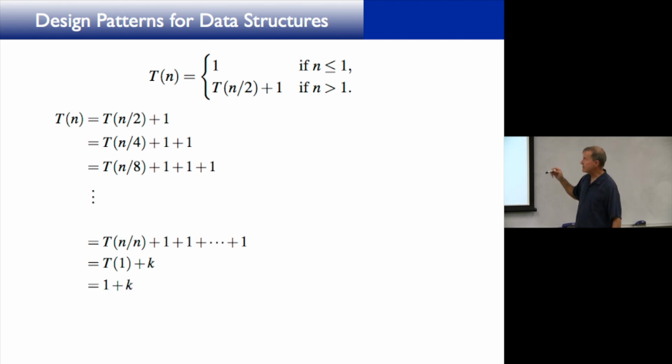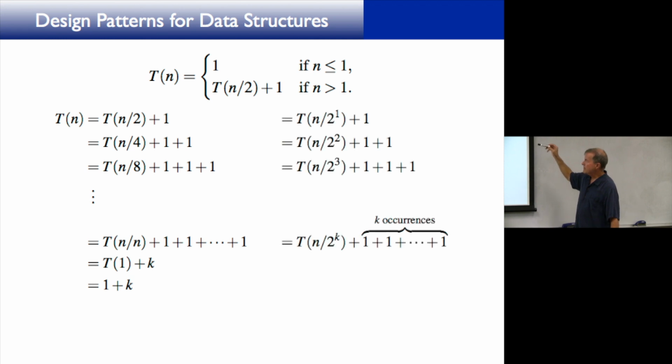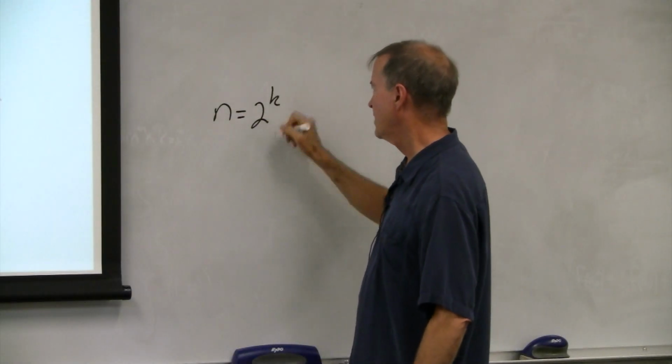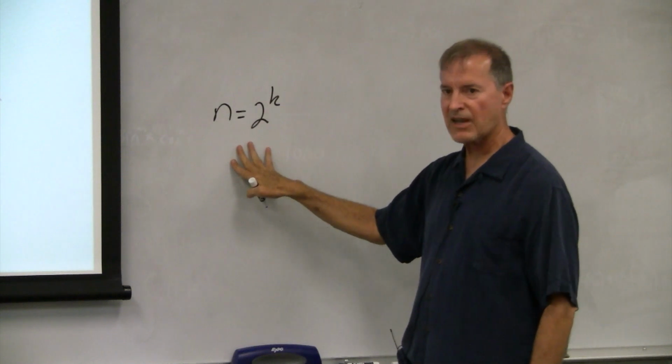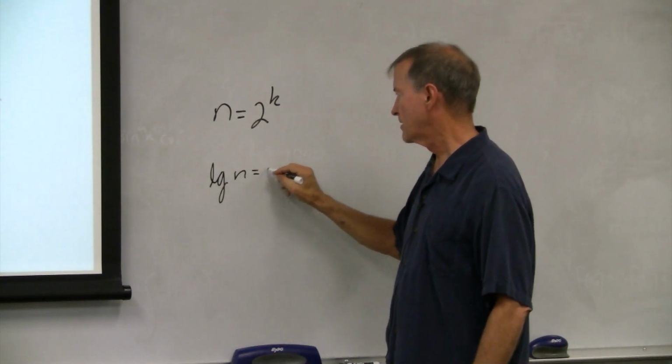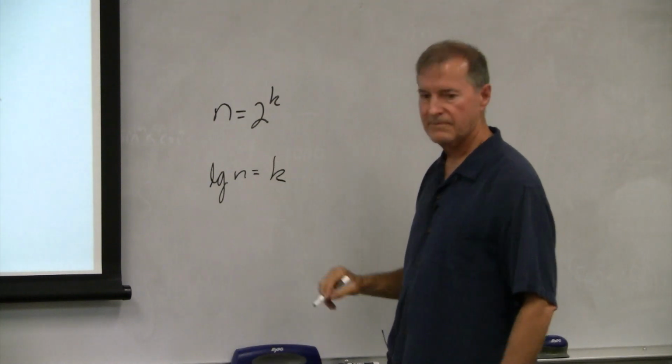So you have to analyze: the first one is T of n over 2 to the 1, the next one is T of n over 2 to the 2, the next one is T of n over 2 to the 3, and the last one is T of n over 2 to the k. So what has to happen is n must equal 2 to the k. And if you take the log base 2 of both sides, log n equals k.